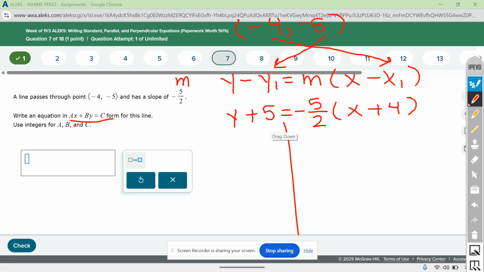And we're going to do our 3 steps. We're going to distribute. So we're distributing. We're going to get y alone.